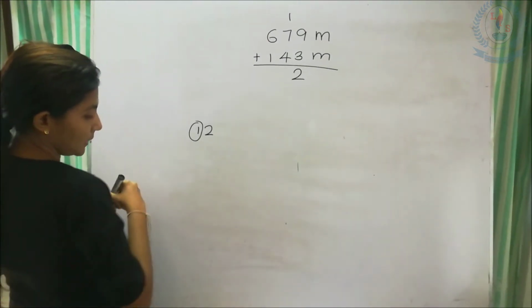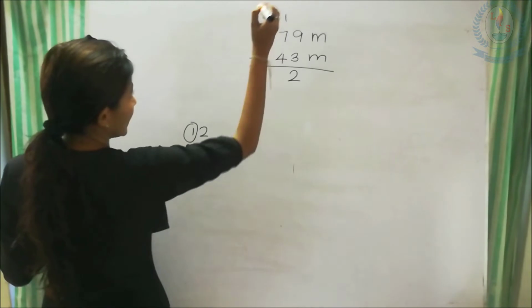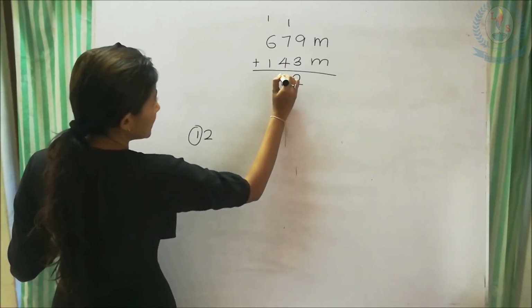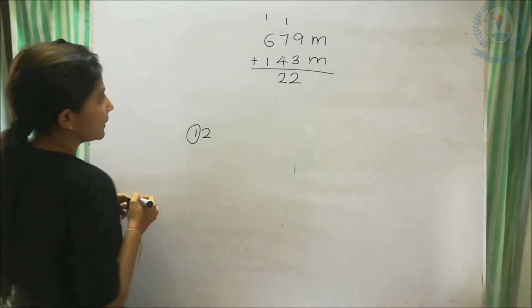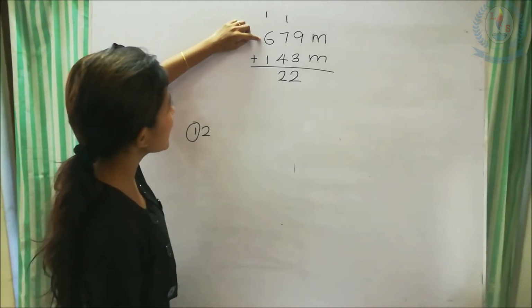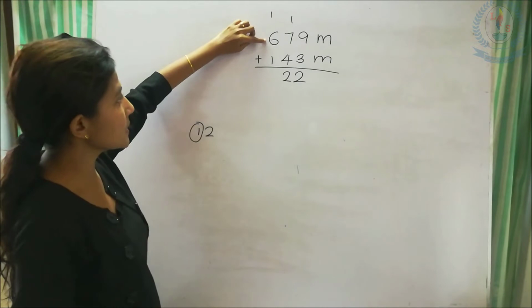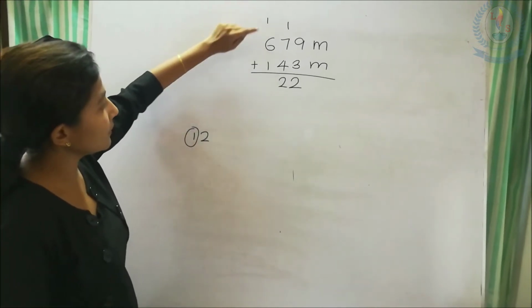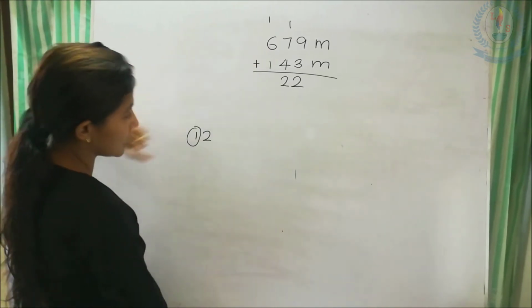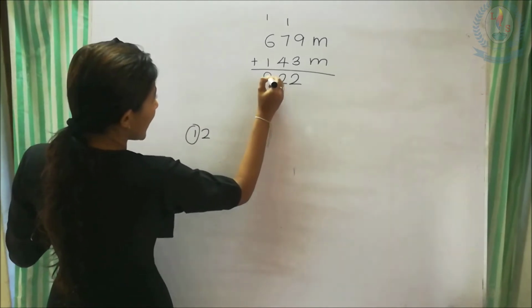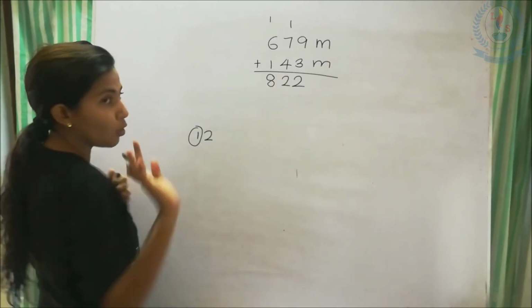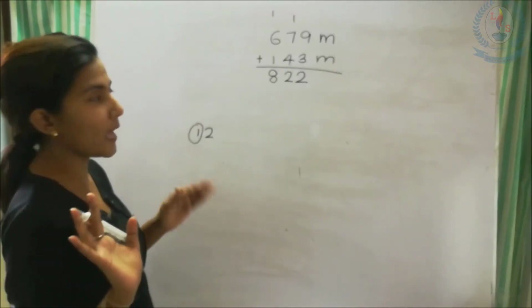Then we put 1 here again. Put the 2 here. Right? Then we have 6 in your mind. Again, 1 finger. 6, 7, then this 8. Then our answer is 822.